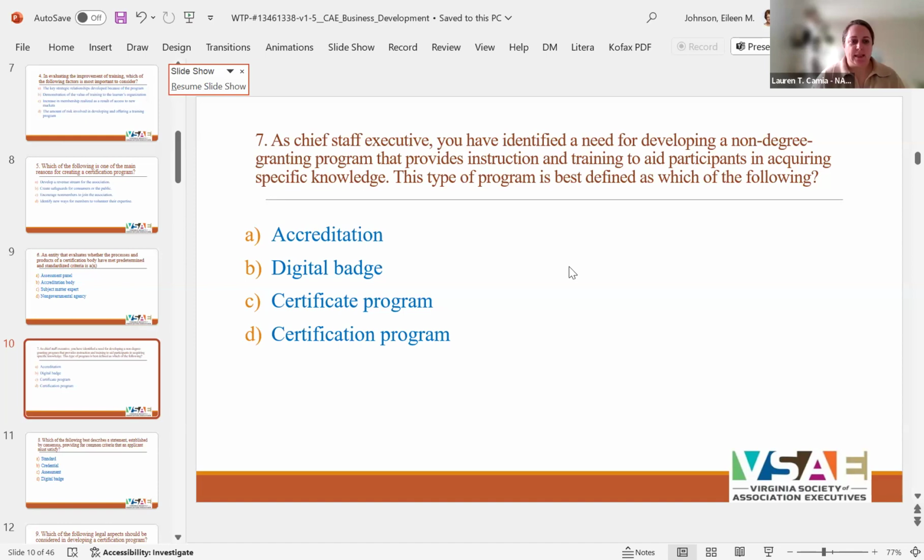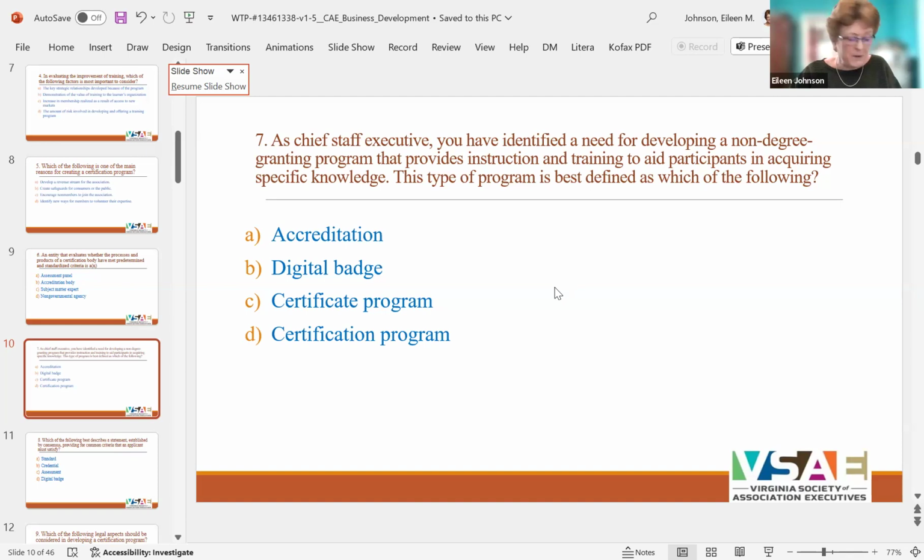I'm going with C just because of an experience with my association, so I don't know if it's right or not, because we make a very firm designation between a certificate program that is about a specific set of skills versus a certification.